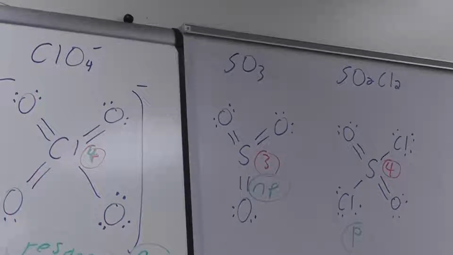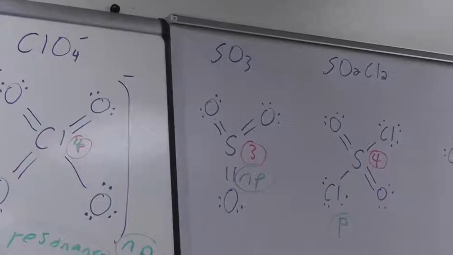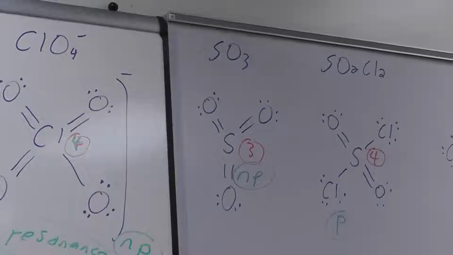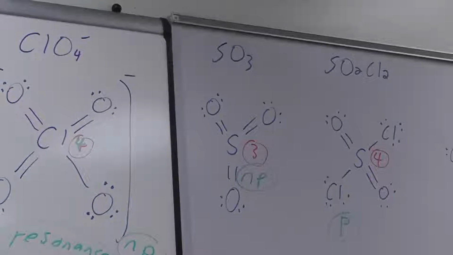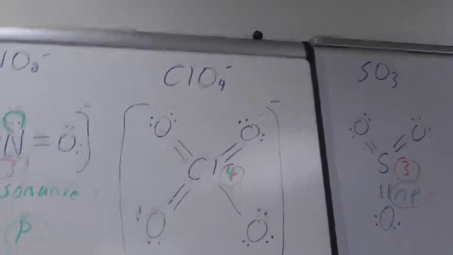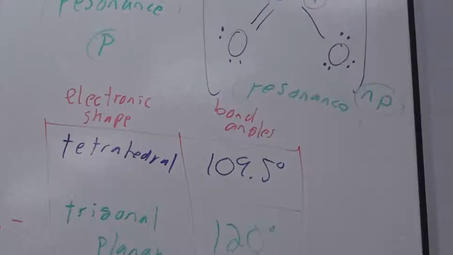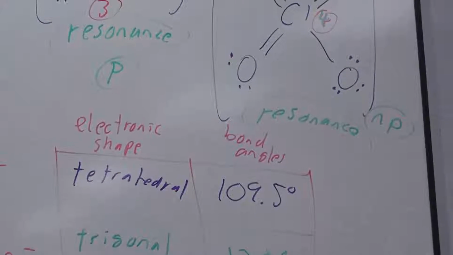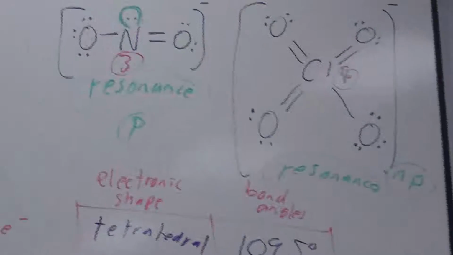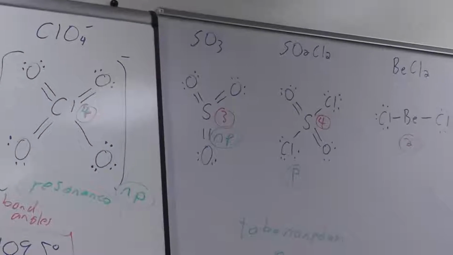And it helps to just know outright that the only way for tetrahedral to be nonpolar is for all sites to be the same. If all four of those perimeter atoms were chlorine, then it would be nonpolar. If they were all four oxygen, it would be nonpolar. But any kind of mix and match going on there is going to be polar. All right?